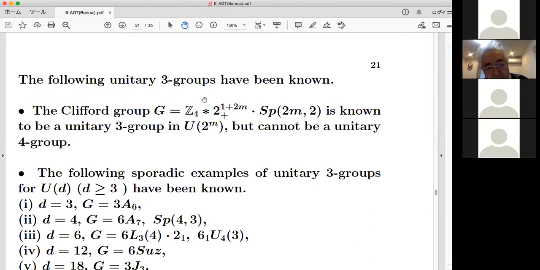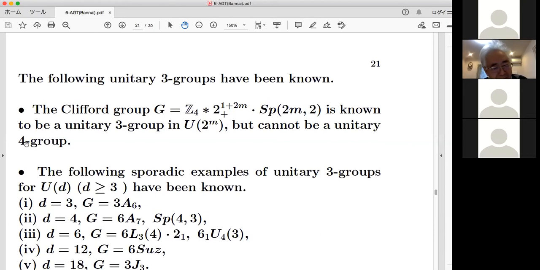So this is a very big 2-group on which Sp(2m,2), the symplectic group over the binary field, of dimension 2m over F2, acts. And this particular Clifford group is known to be a unitary 3 group in U of dimension 2 to the power of m, but cannot be a unitary 4 group.